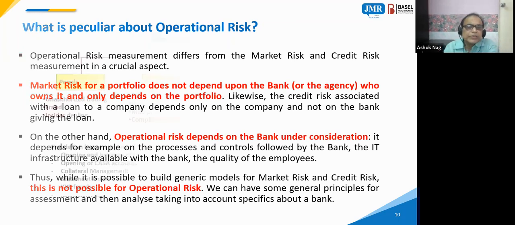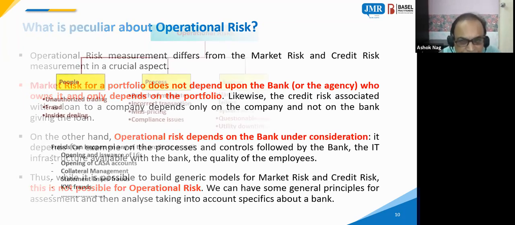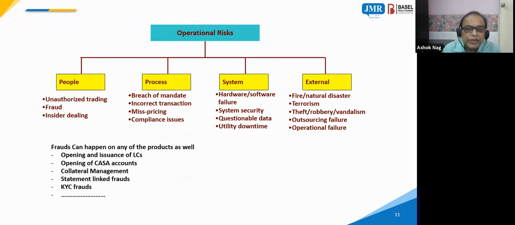Let us go to operational risk: what is your source of operational risk? It is people, process, system, external. Let me tell you that all these bifurcations or segregations we are doing, the sources, are not necessarily independent of each other. A people risk and a process risk can both happen in one big loss event.